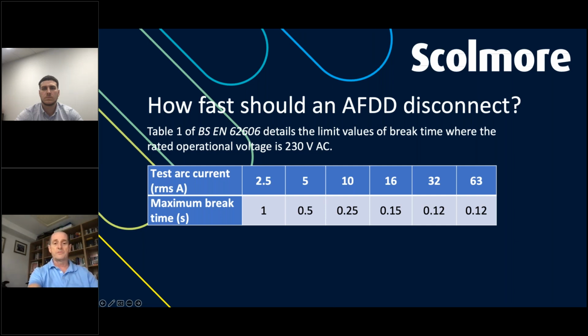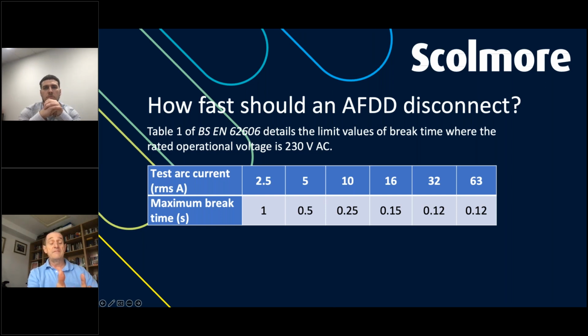You can see, because by the time you hit the 16 amp and 32 amp and the 63, you're getting very little change in the maximum break times. They're fairly much flattening out, so it doesn't much matter where you go, it's going to be at about 0.12. So at the low currents, you can permit quite happily an arc to exist for a second, which seems to be an awful long time.